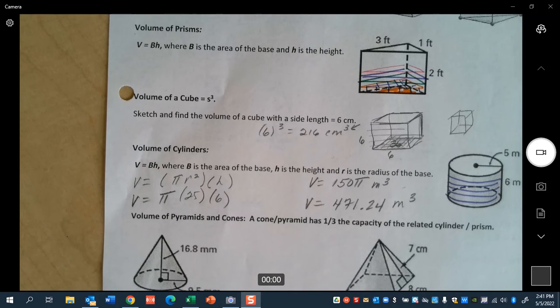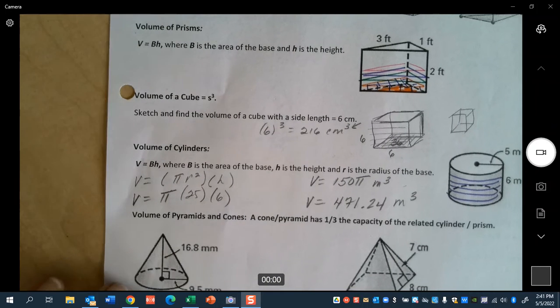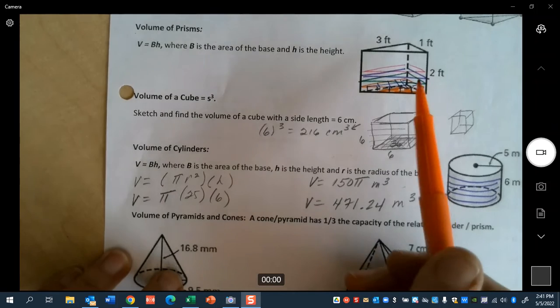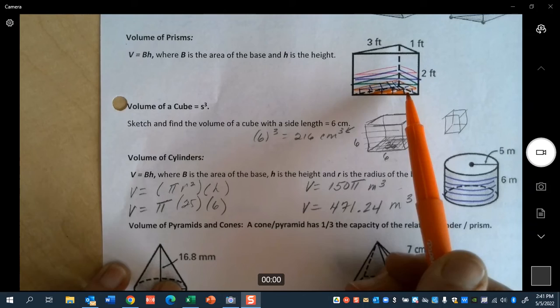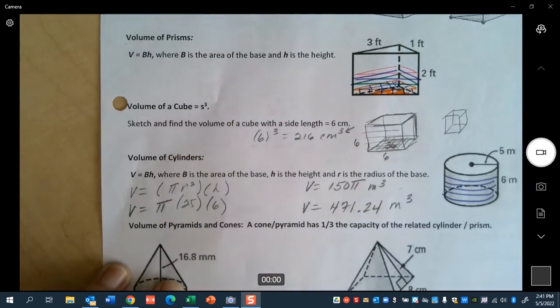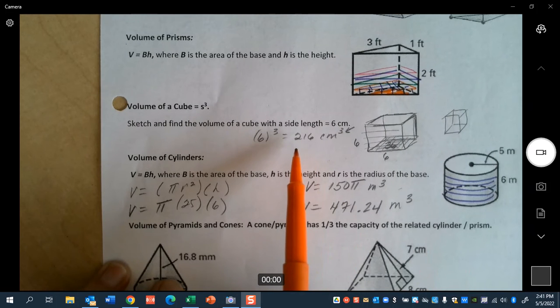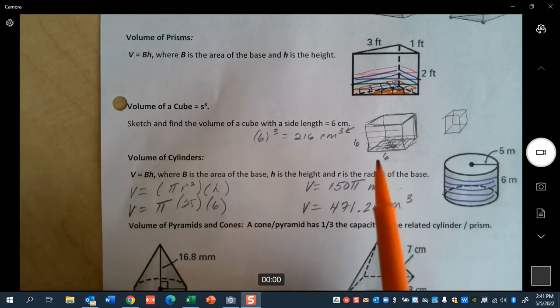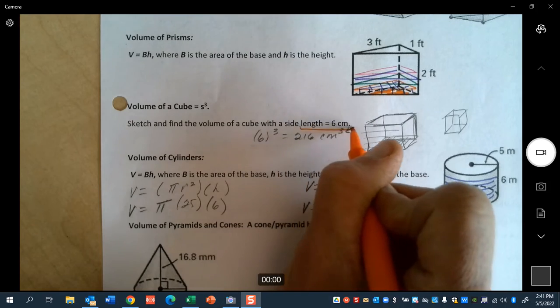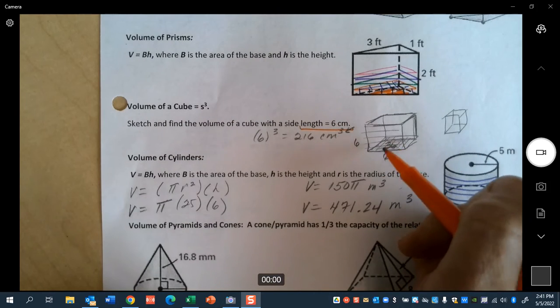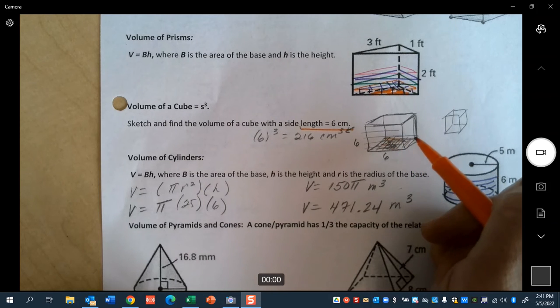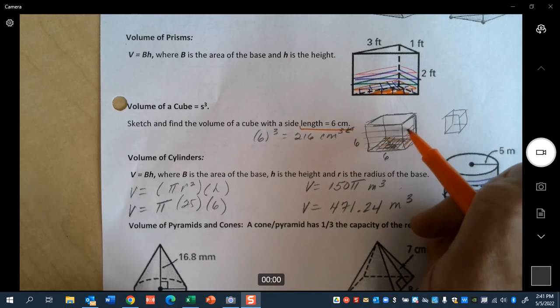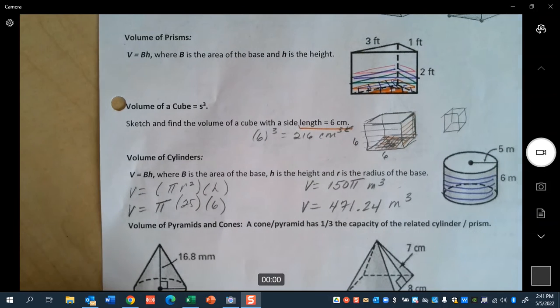So if we're talking about what this looks like in our notes, you can think about this first orange layer I have as my area of my base, and then I can stack each one on top, getting higher and higher. If I have a cube with a side length of 6 centimeters, that means that I can have this area of 36 square inches stacked up 1, 2, 3, 4, 5, 6 more times.